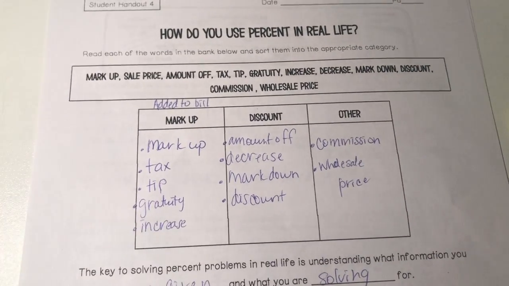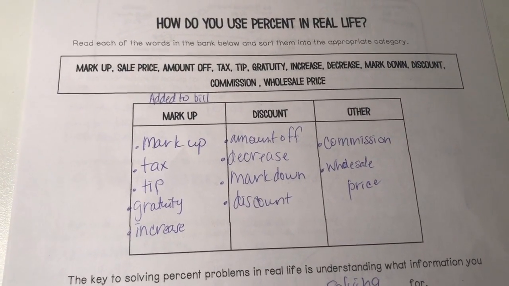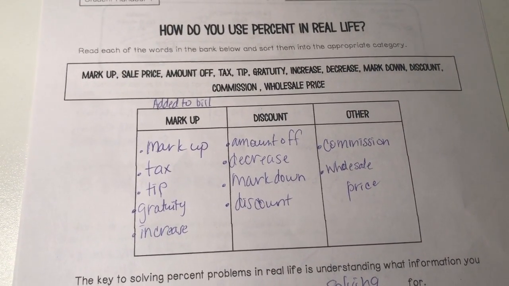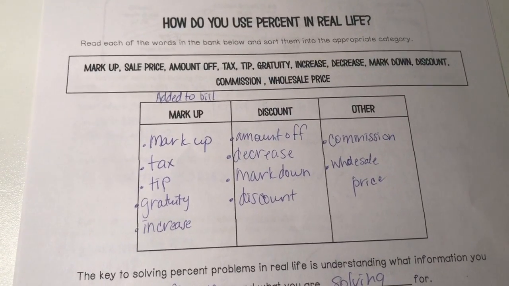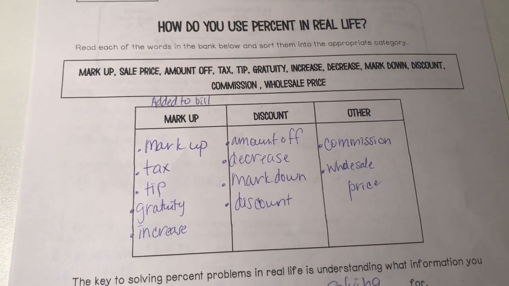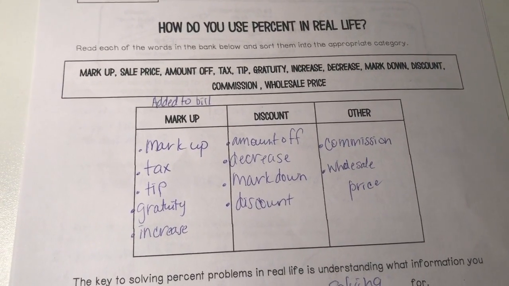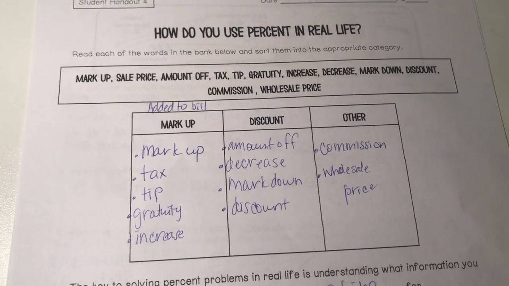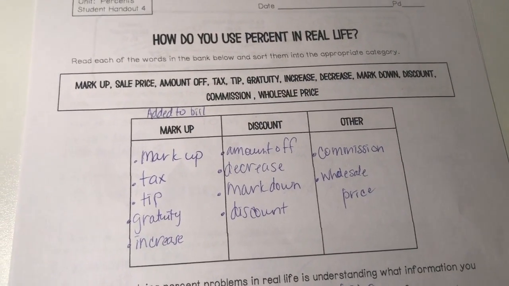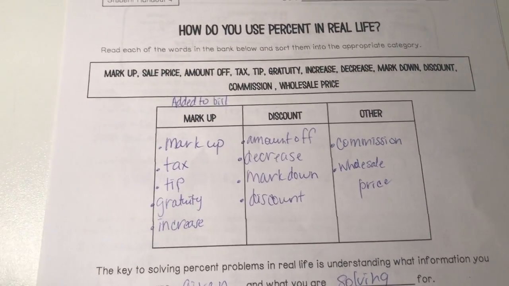A tax, we've talked about taxes a little bit in class, but it's something you have to pay for pretty much everything you buy, and it's added on to the price. For example, if you walk into a grocery store or a service station, if a candy bar is $1, you all know you have to have more than $1. You have to have $1.09, or $1.08, depending on where you are. So tax is added onto that.